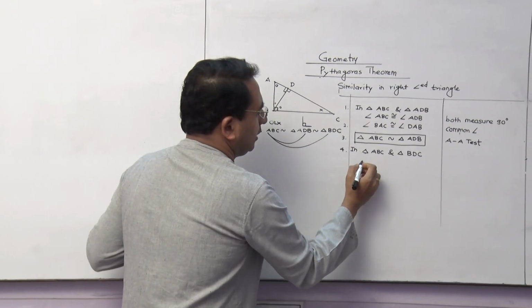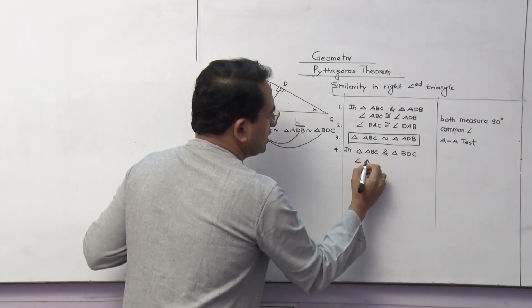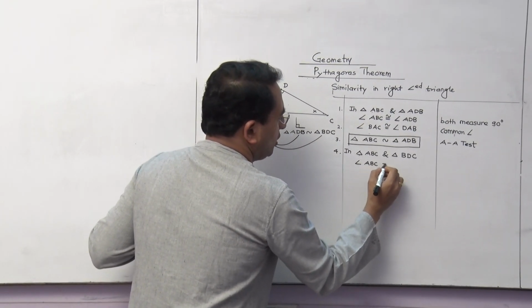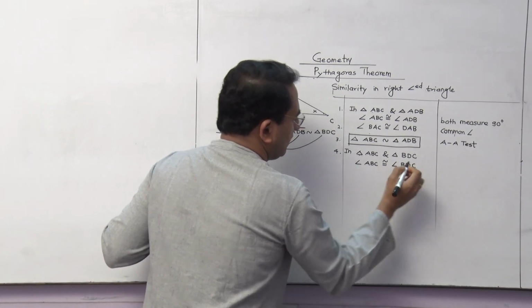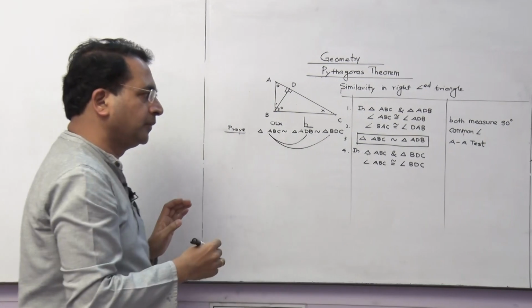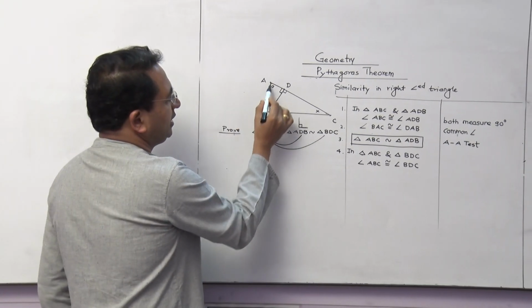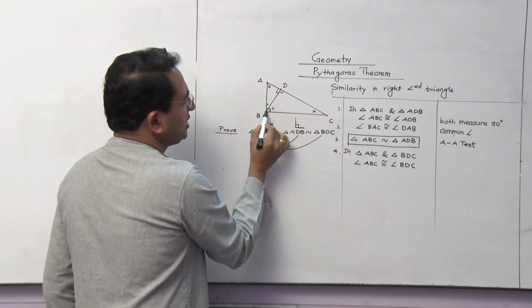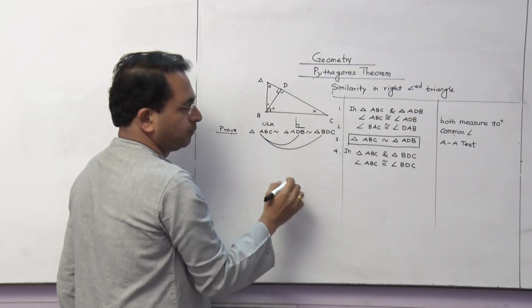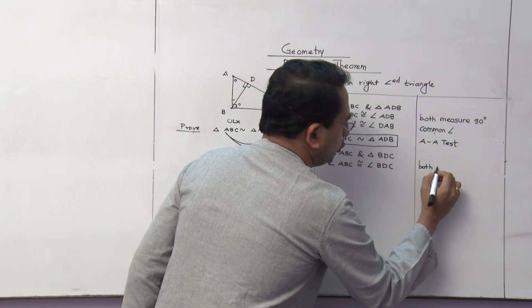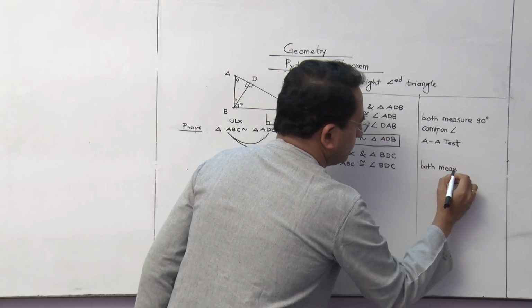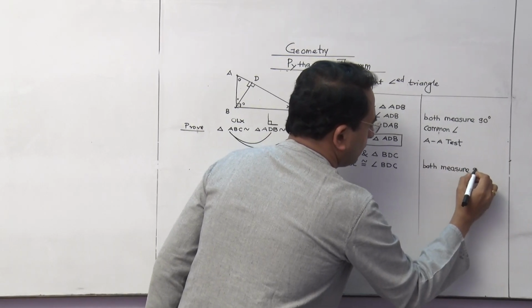Instead of triangle, I will put the angle symbol. Here also, angle BDC. And then I will check the diagram. Angle ABC is 90 degrees. Angle BDC is also 90 degrees. So here we have to write both measures. What do you have to write?